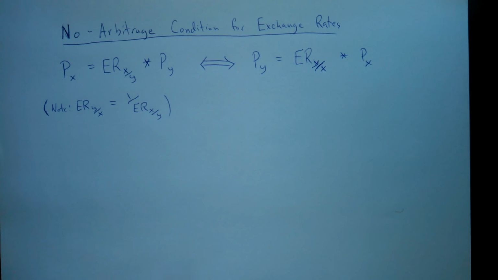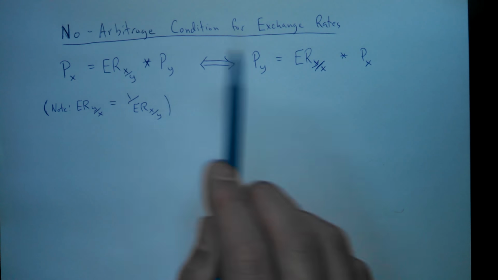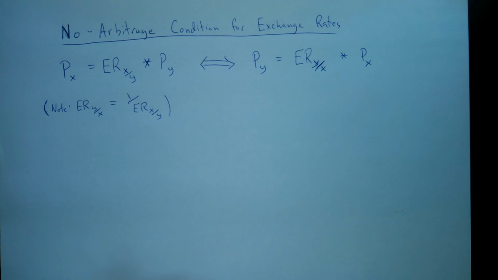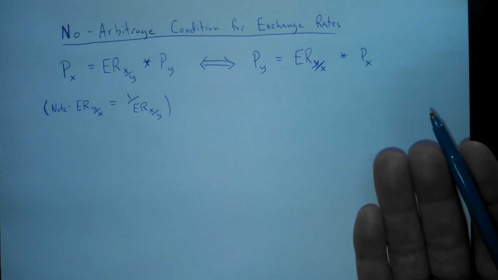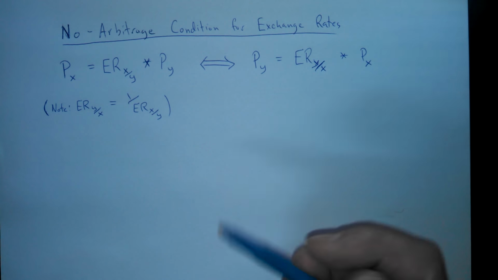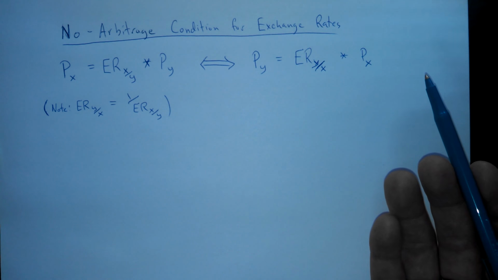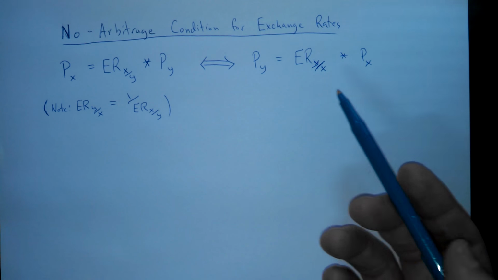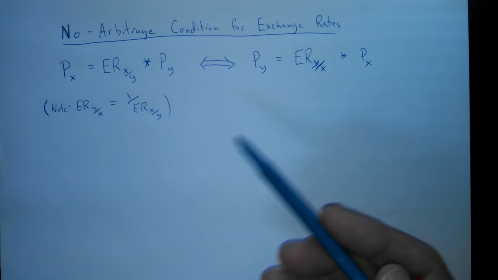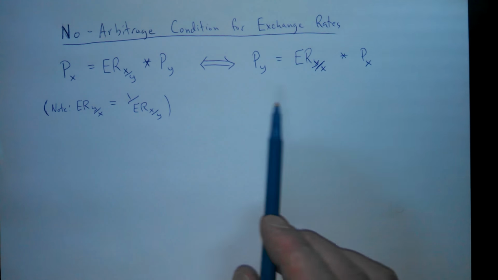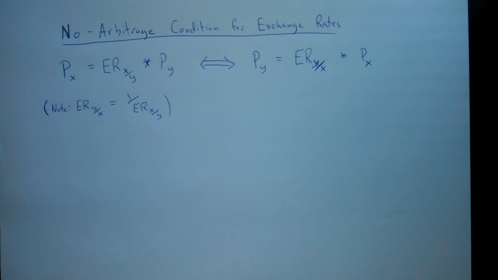So these conditions must be true for there to be no arbitrage in selling a particular good. This is always for one good. It might be true for one good, like computers or a car, but it might not be true for other goods, so we're just looking at one particular good.